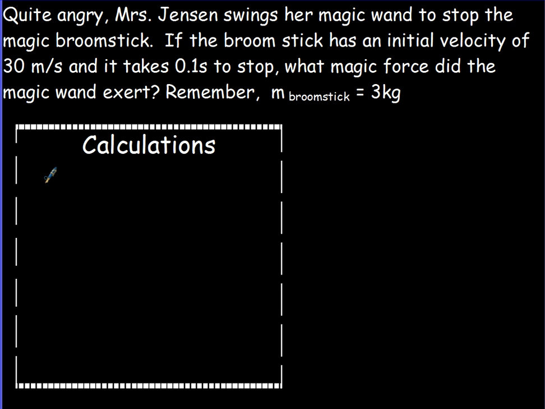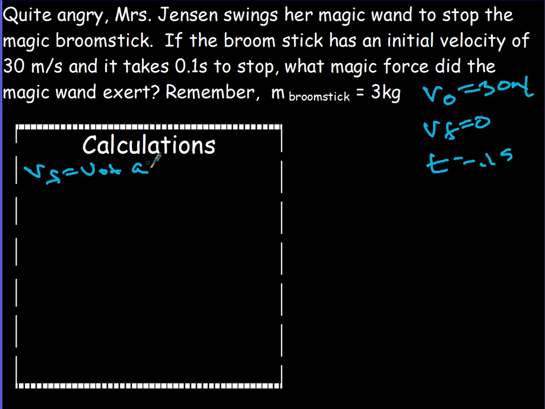Okay, so let me write out my givens on this one. V naught is 30 meters per second. V final is 0 because it stops. Time is 0.1 second. I need to find acceleration. Remember, V final is V naught plus AT.